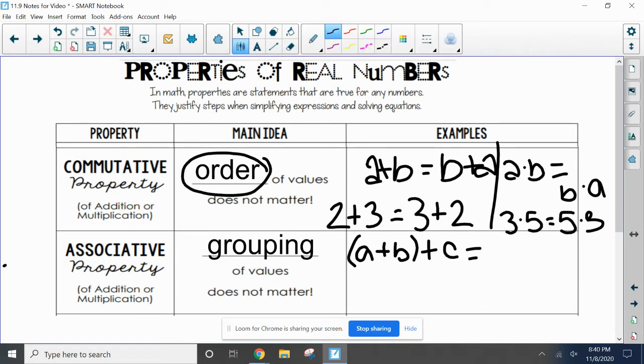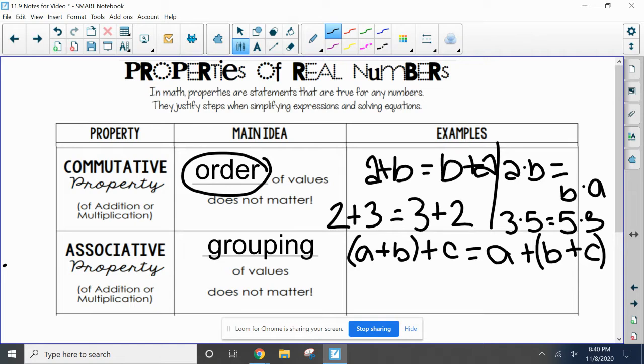Because they're all addition, it's still going to give me the same answer. So we're not going to change the order, so we're still going to have A plus B plus C, except instead of A and B being together, we're going to make B and C together.